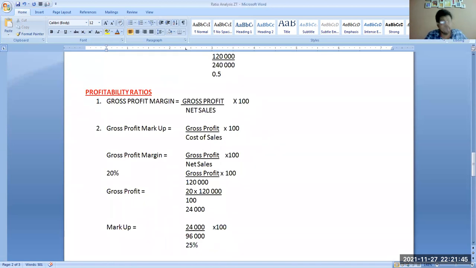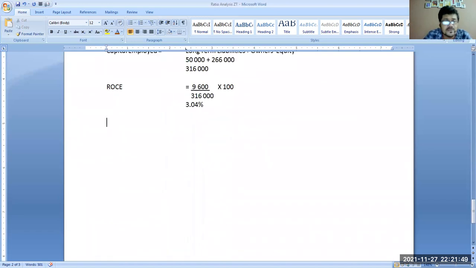Now, expenses to revenue ratio. The last is the expenses to revenue ratio. So now, how to calculate it?